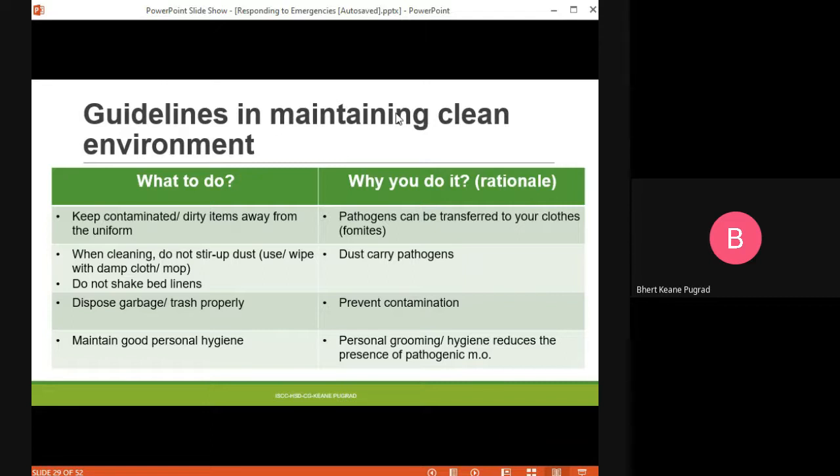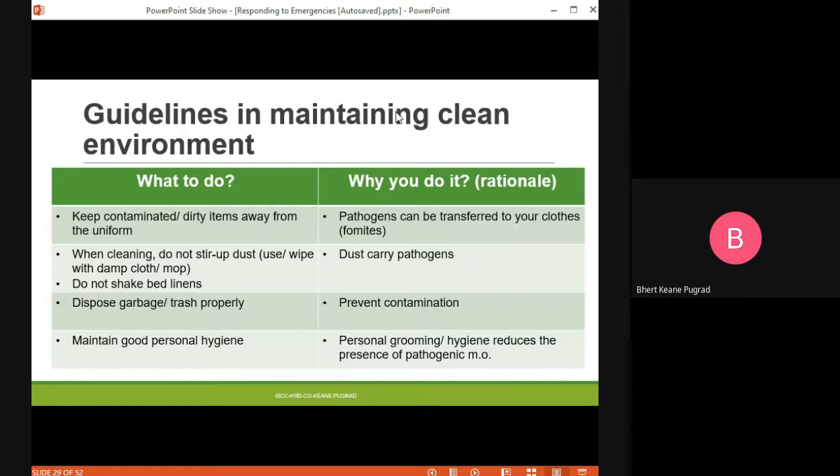Another, when cleaning, do not stir up the dust. Okay? So instead, wipe the area with the use of a damp cloth, kaya i-mop mo na lang. Lalong-lalo na kapag may mga babies doon. So, hindi ka pwedeng gumamit ng walis tingting, walis tambo. Pansin mo kapag nagwawalis tayo, yung dust minsan lumilipad, no?